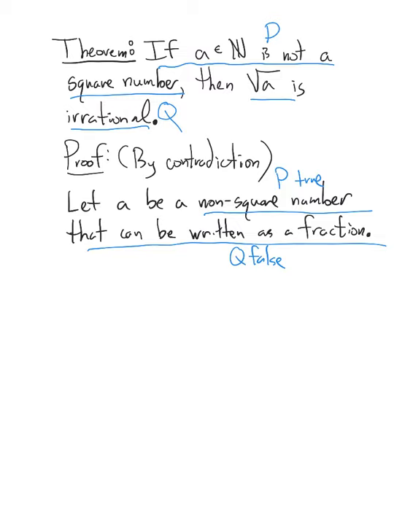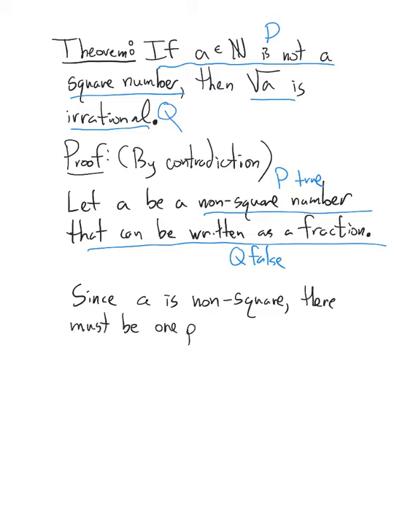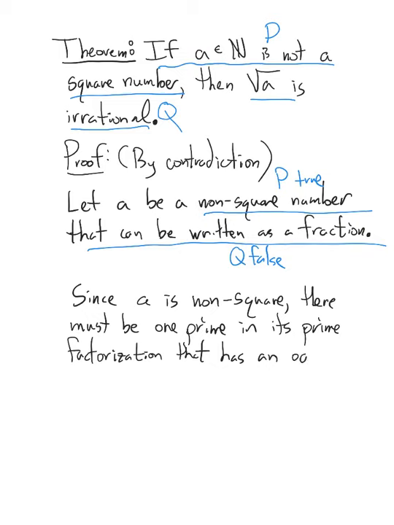Okay, let's go ahead and do it. Since A is non-square, there must be one prime in its prime factorization that has an odd power.